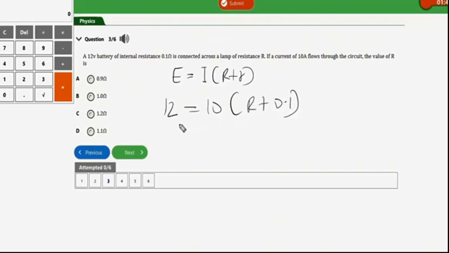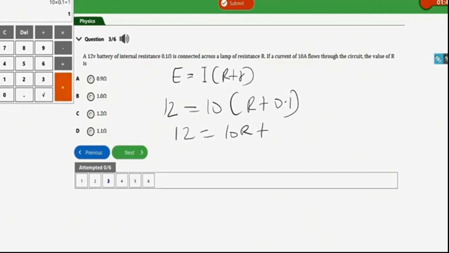Okay, so let's break this down. This is 12 equals 10R plus, so when you punch this on the calculator, 10 times 0.1, we have it to be 1.